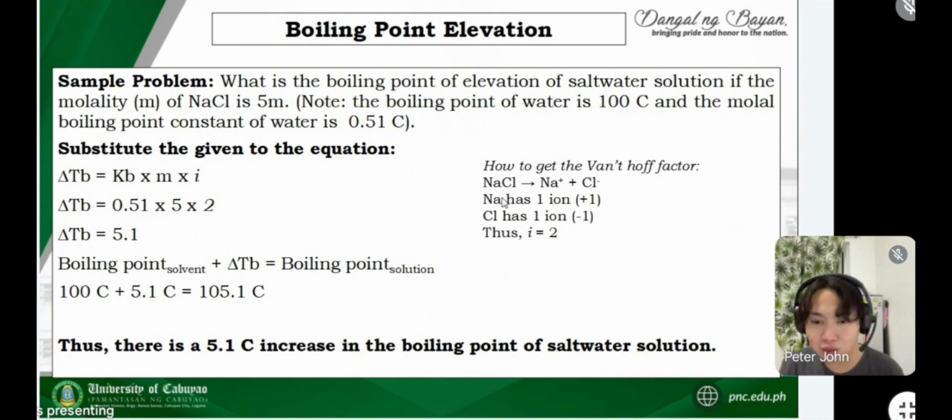So, Na has 1 ion and chlorine has 1 ion. So, ibig sabihin, isang cation or kung may mapa-cation siya or mapa-anion man, automatically tag-iisa yung bilang sa kanya. So, in this case, we will write 2.